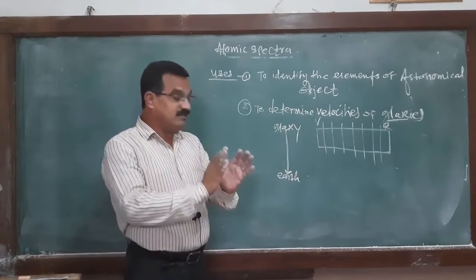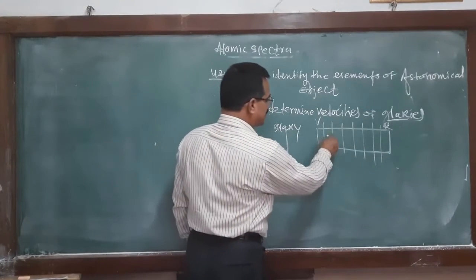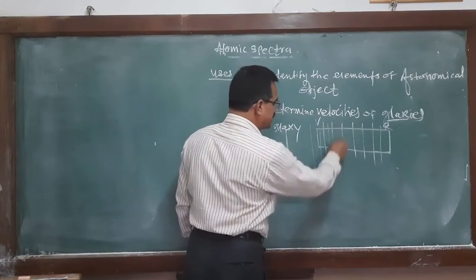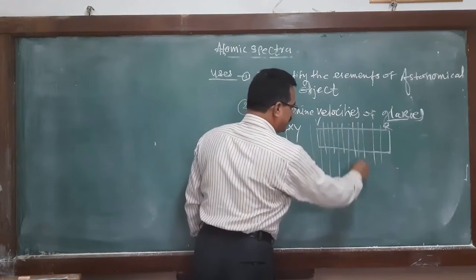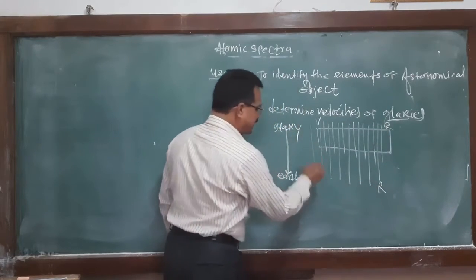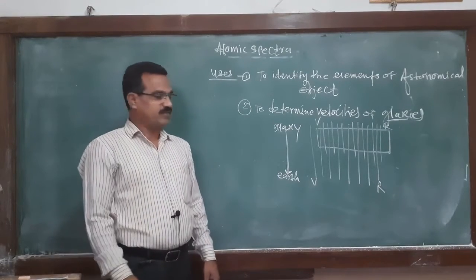And when the wavelength decreases, the spectrum is shifted towards the blue end, because of decrease in wavelength.